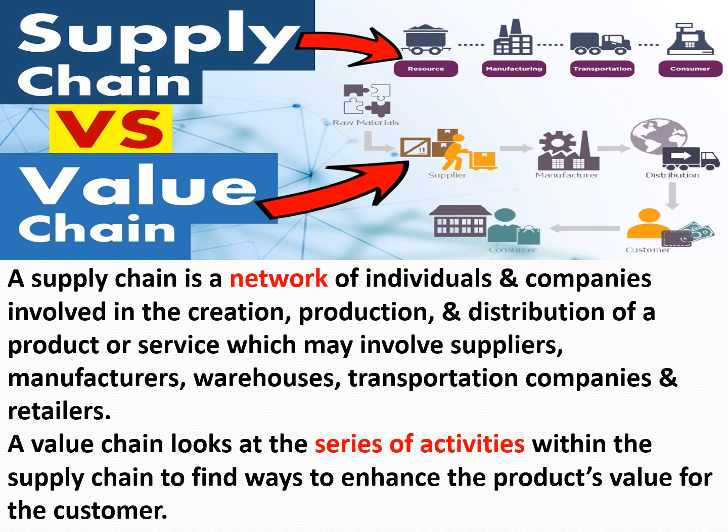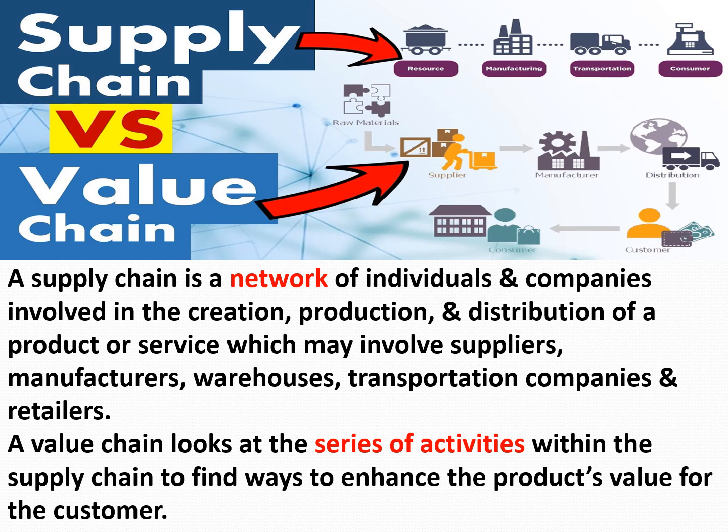Since the value chain concept is very much related to the supply chain concept, now let's define and differentiate how value chain is different from supply chain. A supply chain is a network of individuals and companies involved in creation, production and distribution of a product or service.